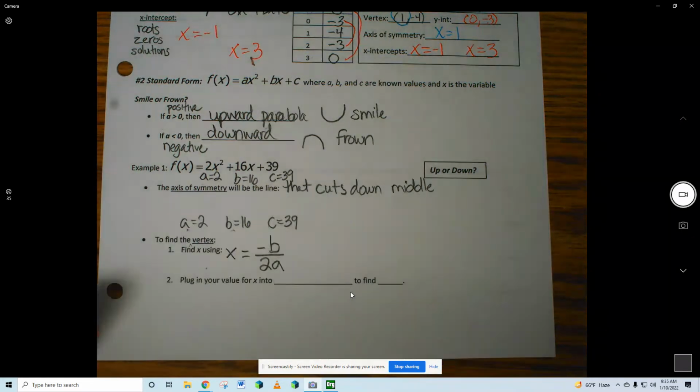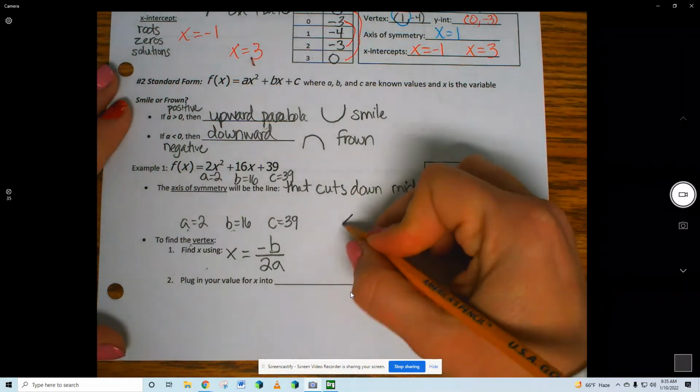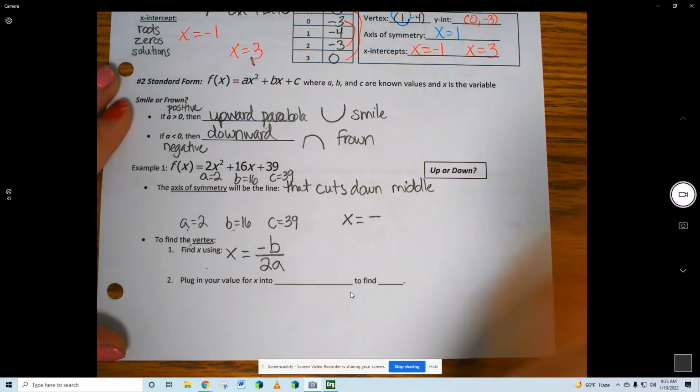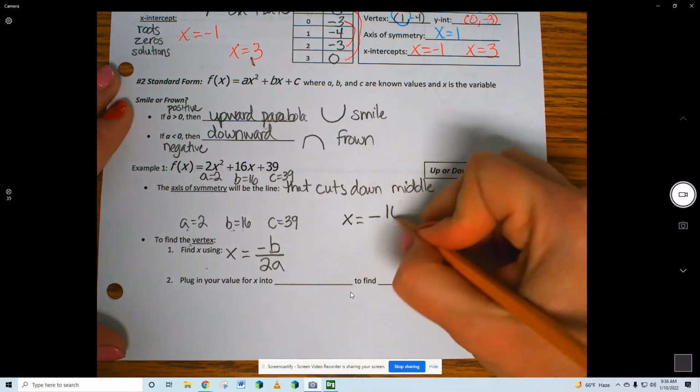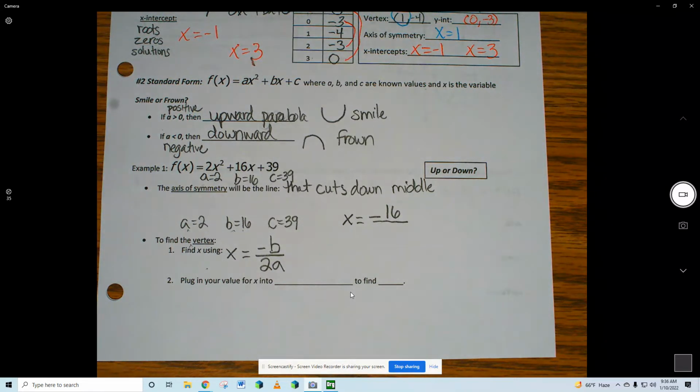So my x value is negative b. B is 16, so negative 16, over, in the denominator, 2 times a. A is 2, so 2 times 2.